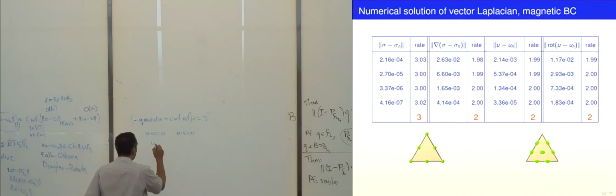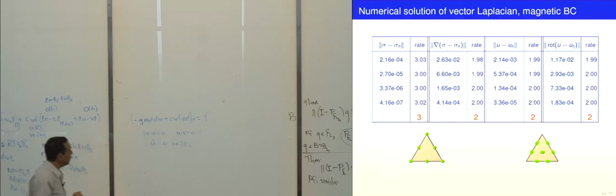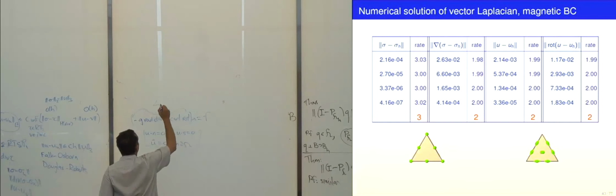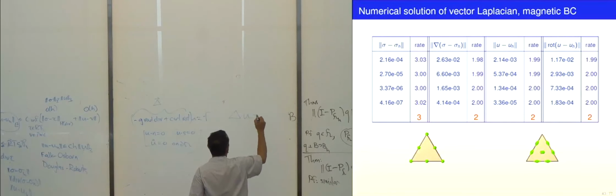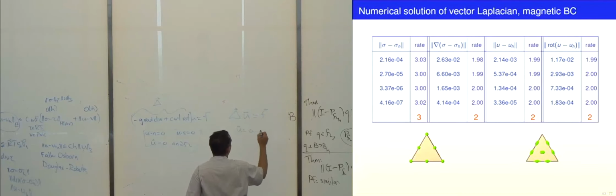Or in other words, we just say the whole vector field u equals 0 on the boundary. Same thing. In other words, this operator is a fancy way to write the vector Laplacian. So all we're doing is solving Laplacian of u is equal to f, where everything's a vector, and u is equal to 0 on the boundary.